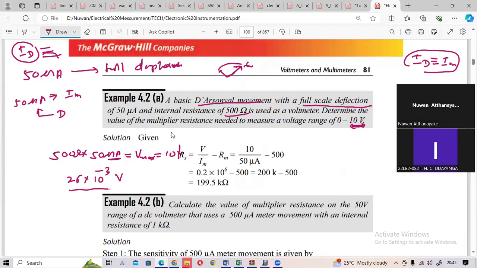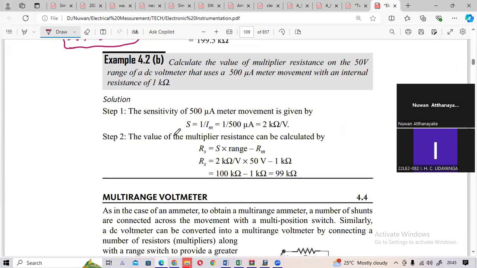So this voltage value is very low. You need to upgrade it to up to 10. What you can do is simply connect a series resistance with the Diasono setup. At the maximum voltage of 10, the maximum current should flow through this setup.